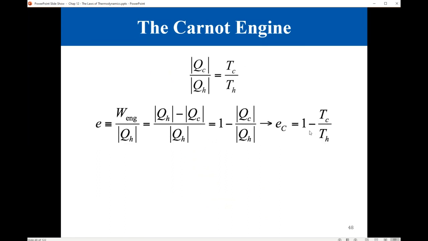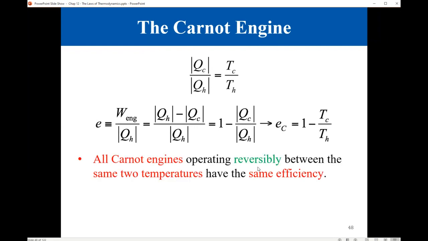As you can see here, efficiency will always be a fraction. It will never be equal to 1. So all Carnot engines operating reversibly between the same 2 temperatures have the same efficiency. Because you are dealing with 2 temperatures, since the 2 temperatures are fixed, the efficiency will be fixed, regardless of what engine you are talking about.